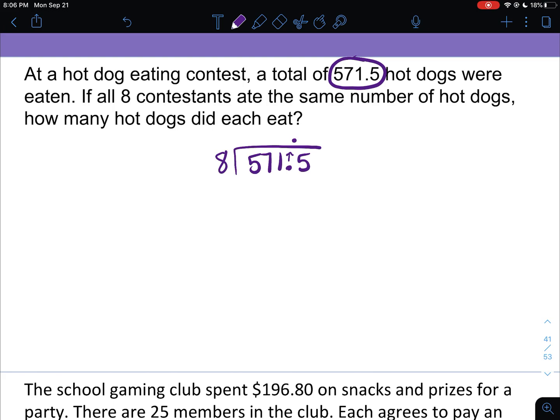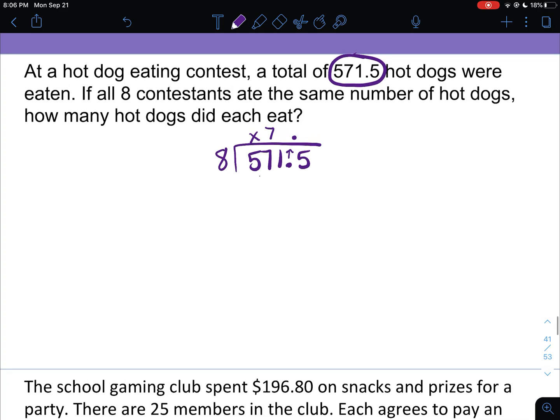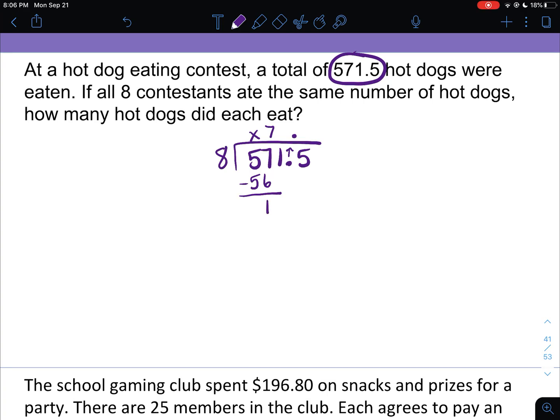So from there, ask yourself, does 8 go into 5? It does not. Does 8 go into 57? It does. It's going to go in 7 times, because 8 times 7 is 56. So subtract 56. 7 minus 6 is 1. Okay, bring down the 1.